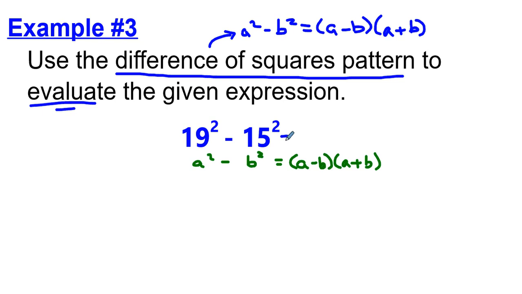So instead of a and b over here, we need to plug in a 19 and a 15. So instead of writing a minus b, I'm going to write 19 minus 15 times the quantity 19 plus 15. So 19 minus 15 is just a 4. And then 19 plus 15 is going to be 34.